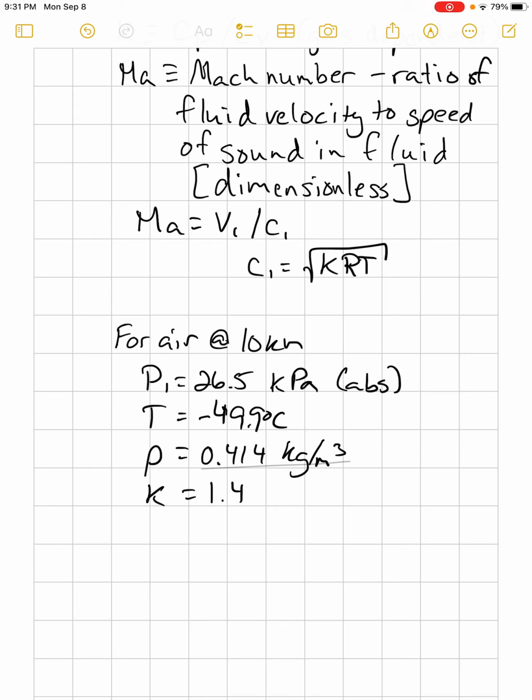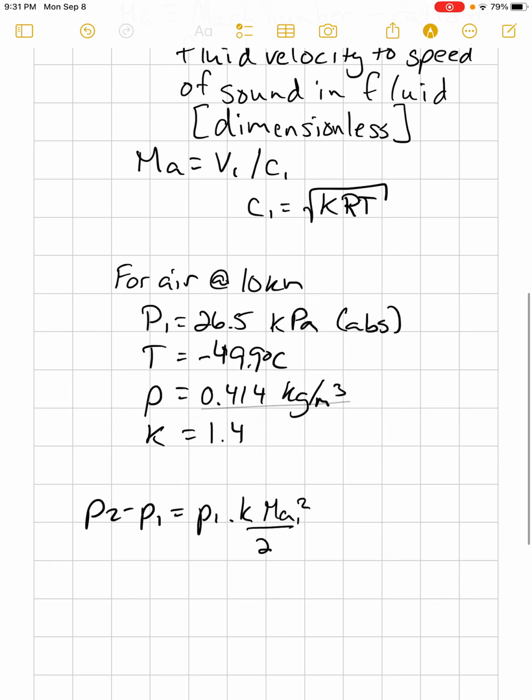Okay. All right, so in order to do this, we're going to use the equation we had above, P2 minus P1. I'm going to go ahead and multiply both sides by P1 so we get an actual numerical value. So we're going to have P1 times K MA squared over 2.